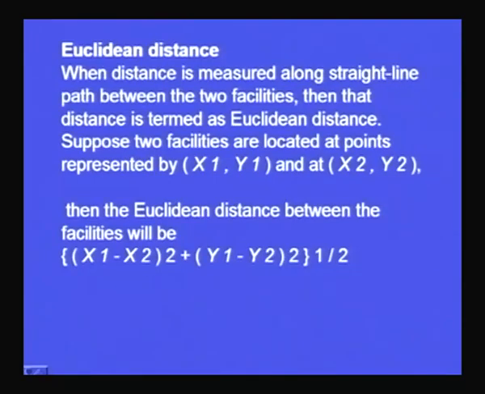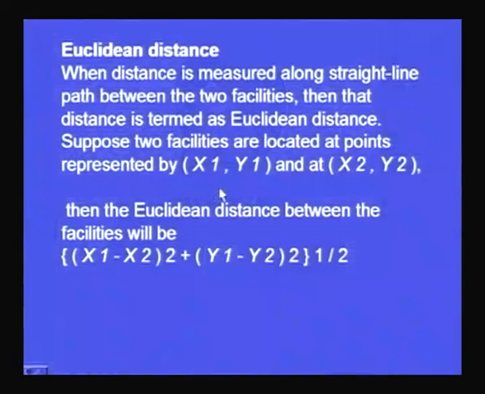So, suppose two facilities are located at points x1 y1 and x2 y2. Then the Euclidean distance between the two facilities will be given by the square root of x1 minus x2 whole squared plus y1 minus y2 whole squared, that is, raised to the power 1 by 2.